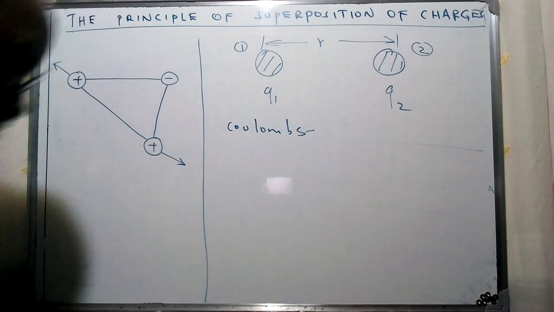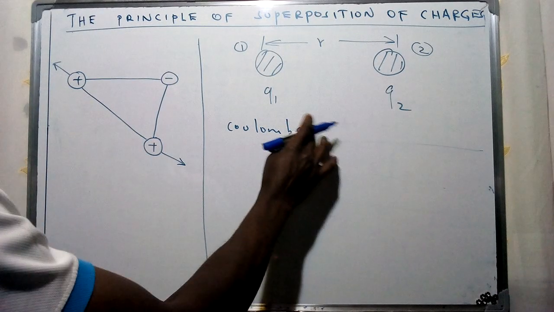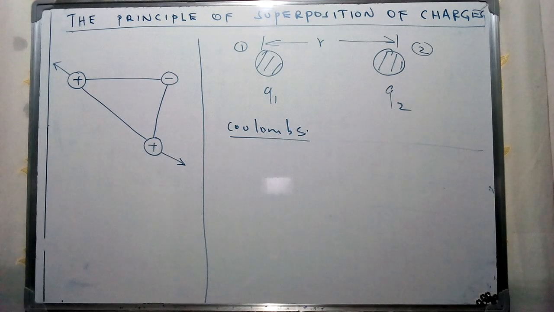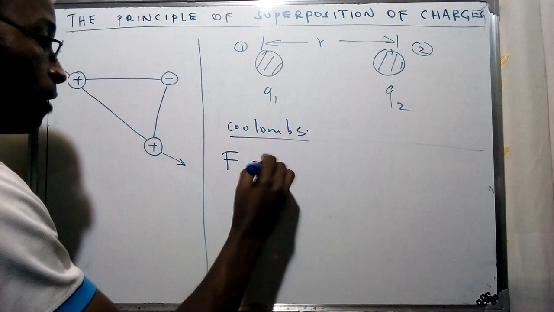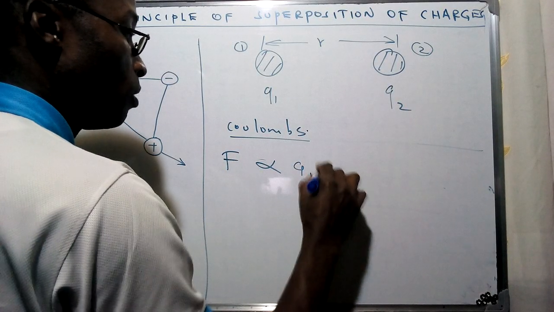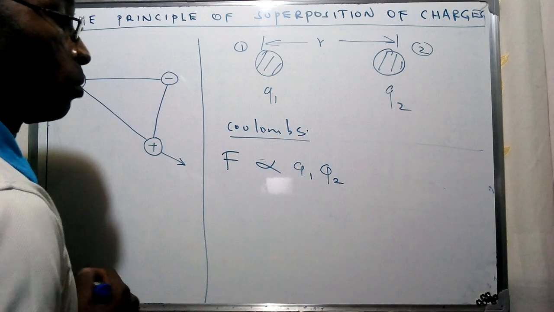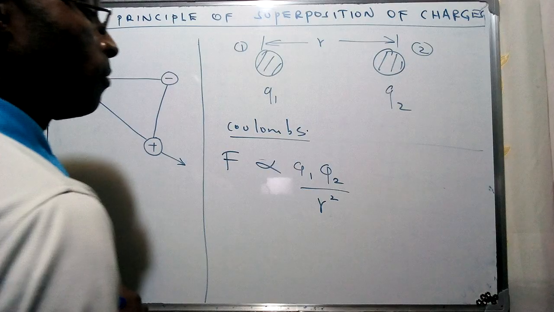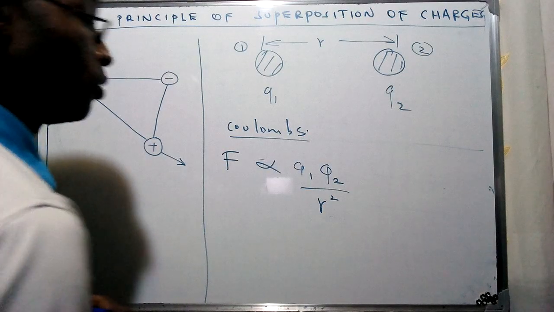Coulomb's law gave us a relationship where the force F is directly proportional to the product of the charges of the two particles and inversely proportional to the square of the distance between them.